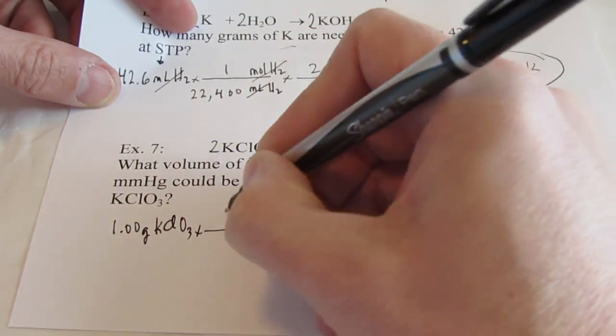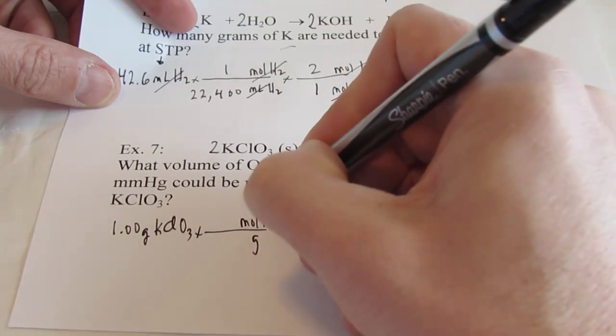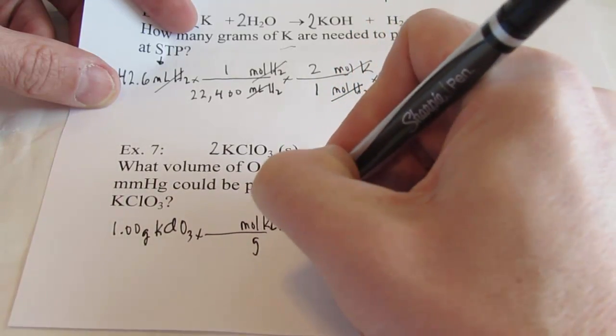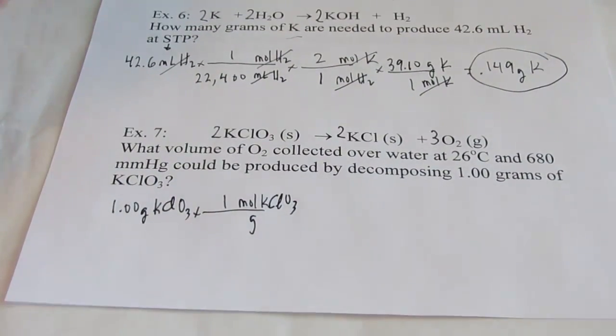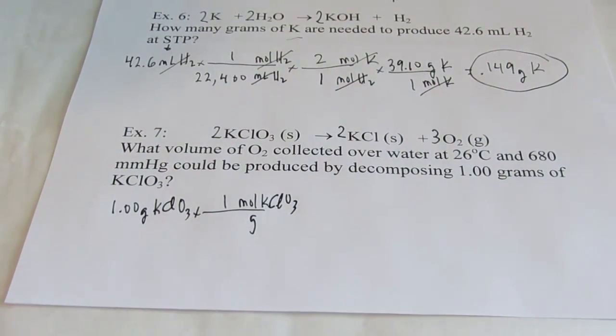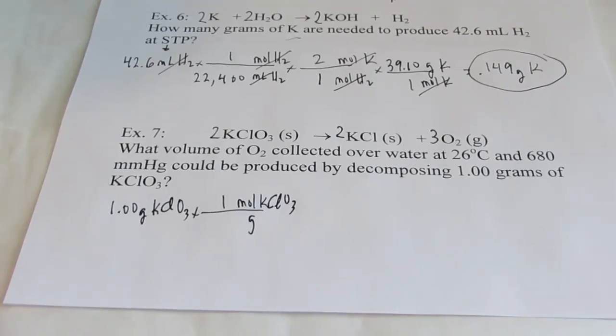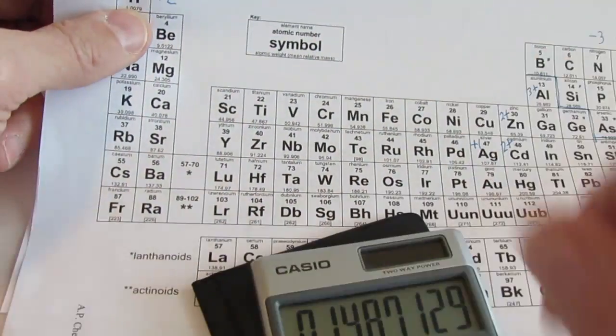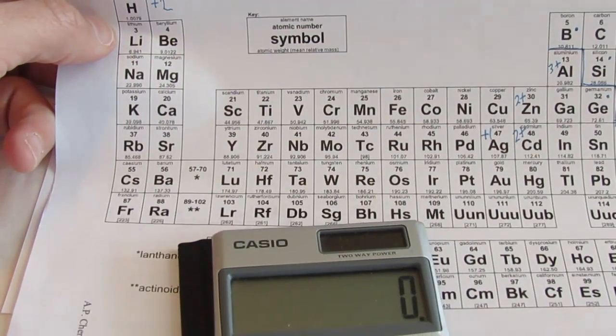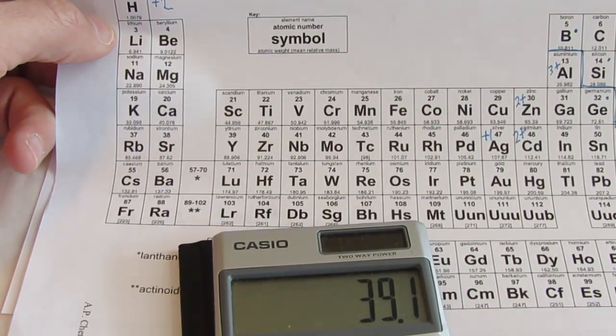We're going to go from grams to moles of KClO3. So we've got to figure out the formula weight of that, and I can do that quickly for you. I know you guys can do it on your own, but we'll work on it together really quickly. So we have 1 potassium, which is 39.10.